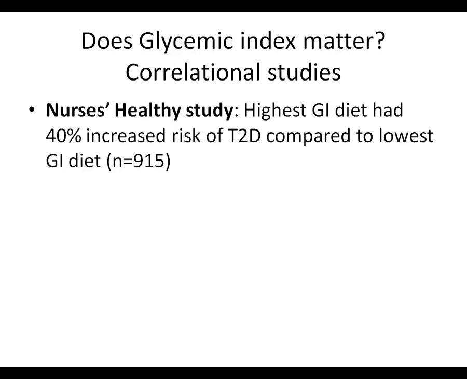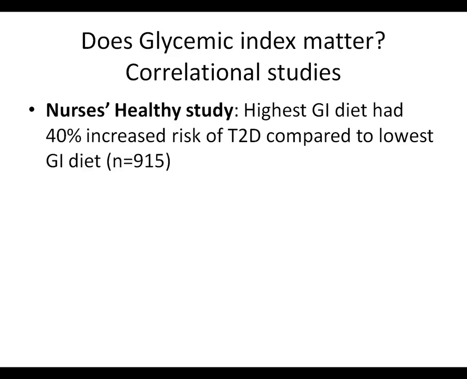And what they found was that after they waited a while for the natural health events to happen, there was a certain number of nurses, 915 in total, who came down with type 2 diabetes.